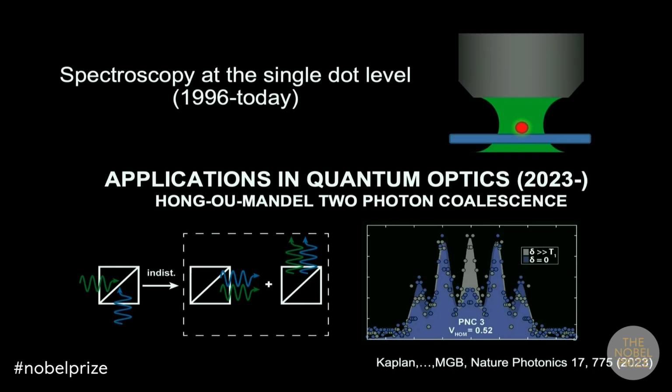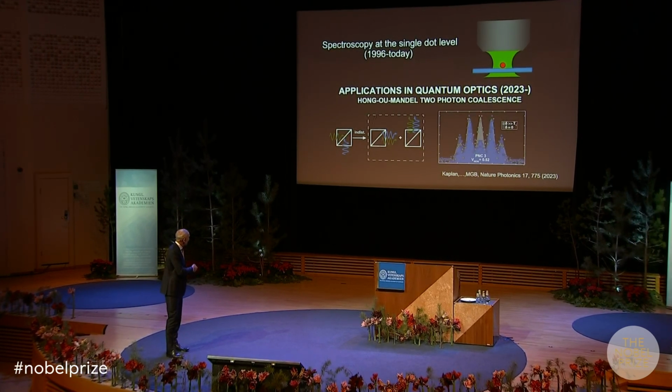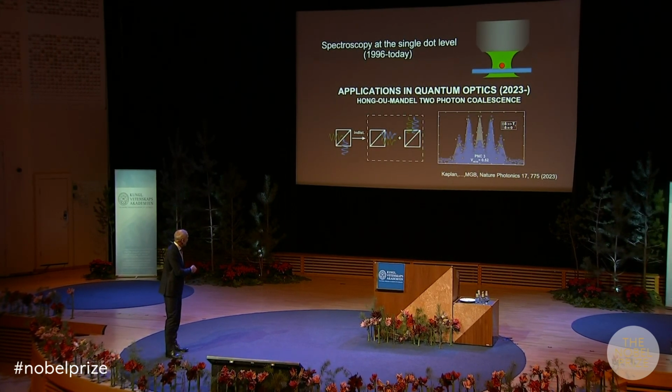And recently, that has allowed us to apply these materials, or begin to apply them, in quantum optics. And what you see here is a recent result showing what is called two-photon coalescence. If you can get photons coming from these particles that are indistinguishable, that look alike in every possible way, and you put them on a beam splitter, one coming from the bottom, one coming from the left, instead of coming out in a stochastic way, they will always come out together.